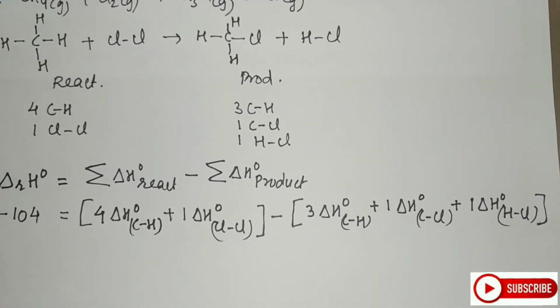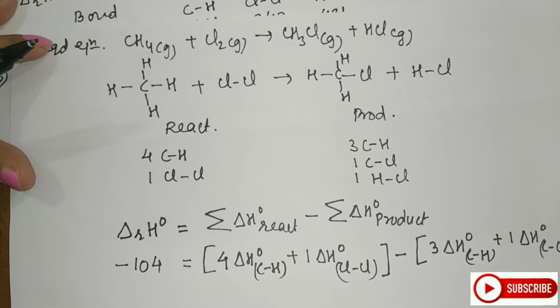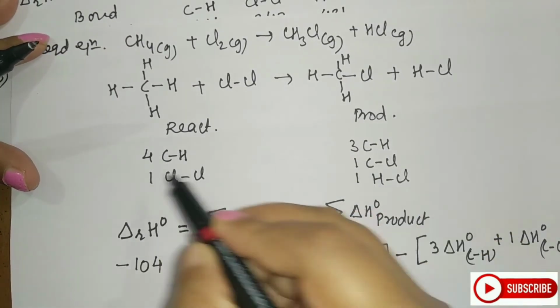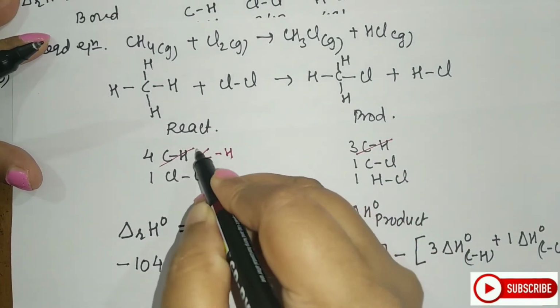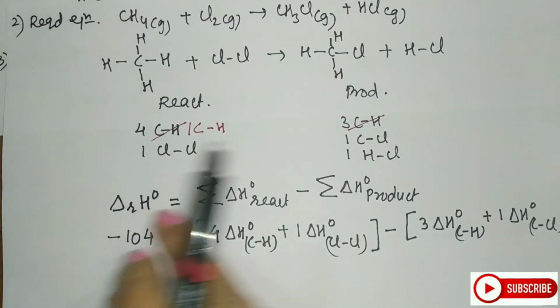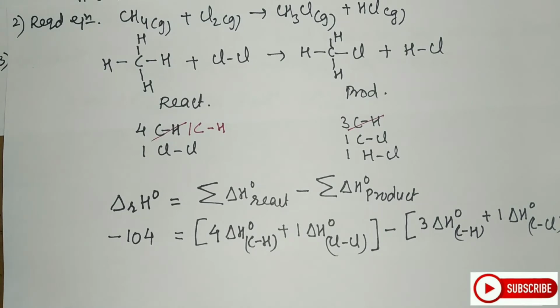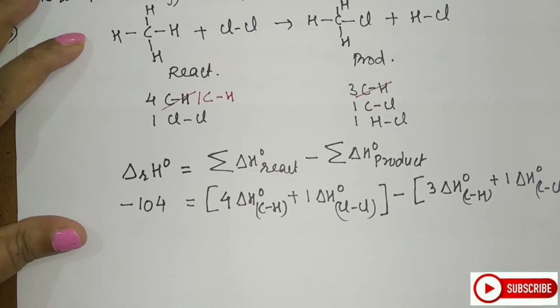Now I will try to cancel what is the same on both sides, reactants and products. Students, if you see this, I can cancel this and this. So I am left with only 1 C-H bond and all the remaining bonds remain as they are. Let us now refine this equation.